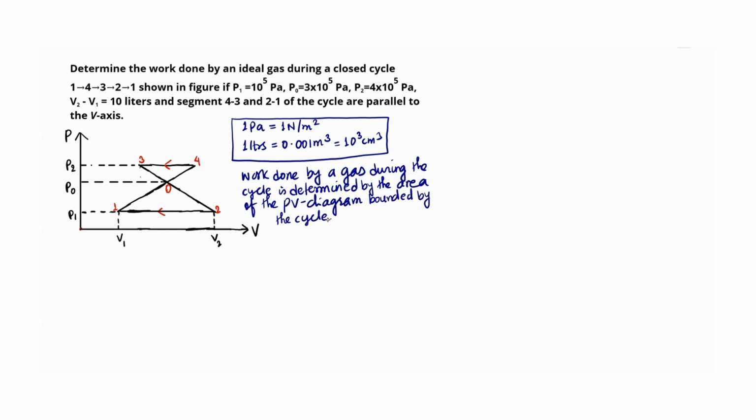So we have to find the area of the PV diagram bounded by the cycle in order to determine the work done by the gas during the closed cycle.